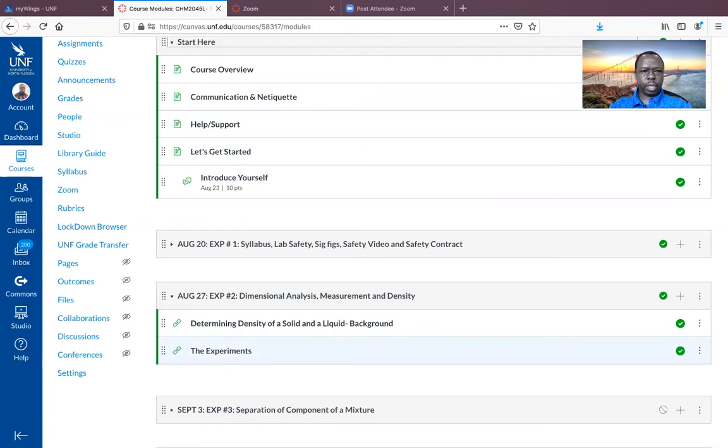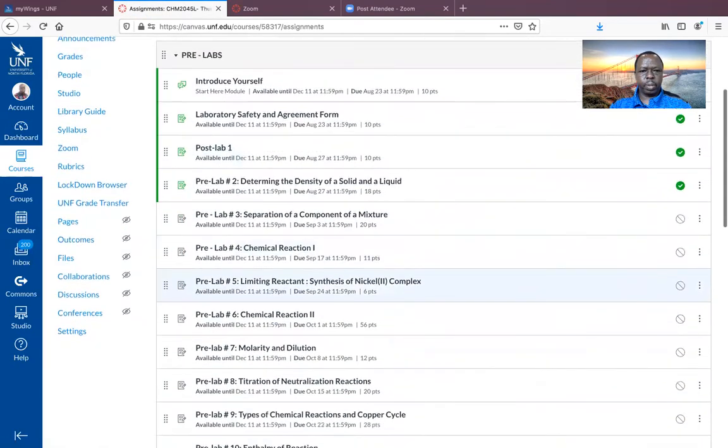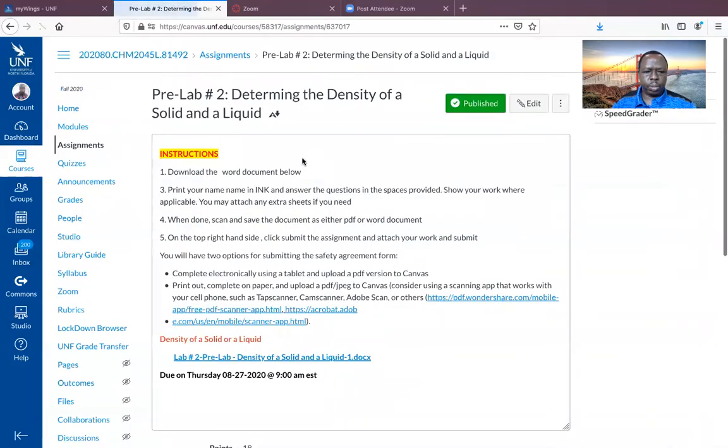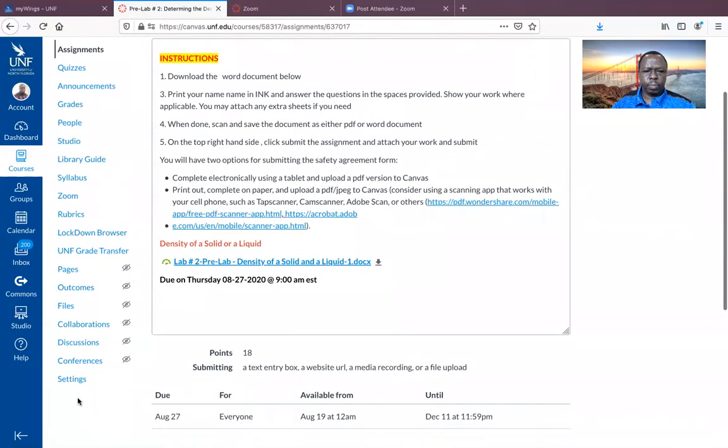The data sheets can be accessed under the assignment. You need to come here and download, all right? Download the data sheet for the experiment. Of course, for your case, you will not see all of these, they are made available as we get along, but for now, this is where you need to come and download the data sheet for, no, this is pre-lab.